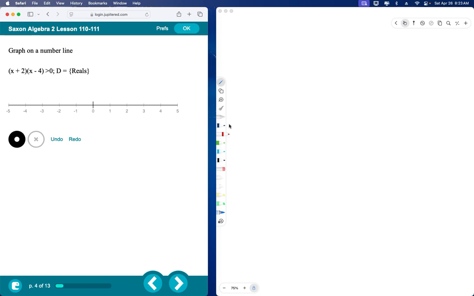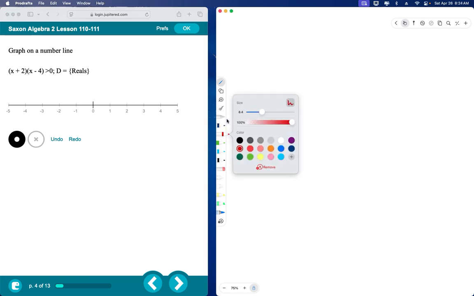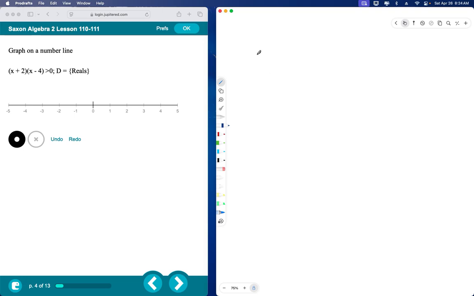Graph on a number line. So here's the problem. We've got x plus 2, x minus 4. It's just more of the same thing. Greater than 0, and it's reals, so we'll use lines instead of dots. So if it's positive, positive, then we have x plus 2 greater than 0, x minus 4 greater than 0.